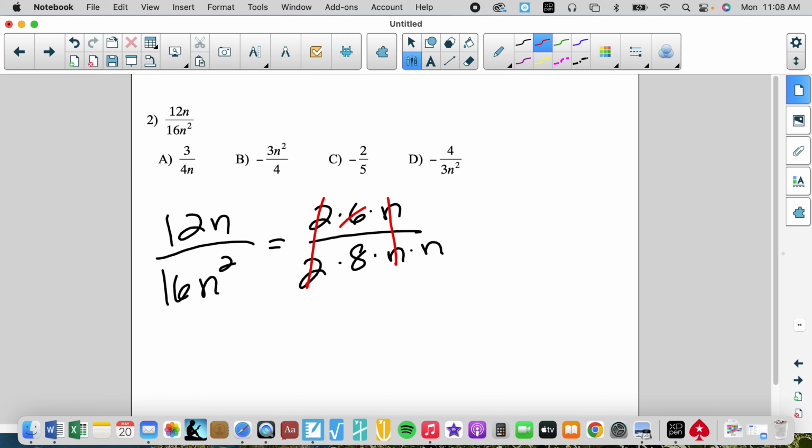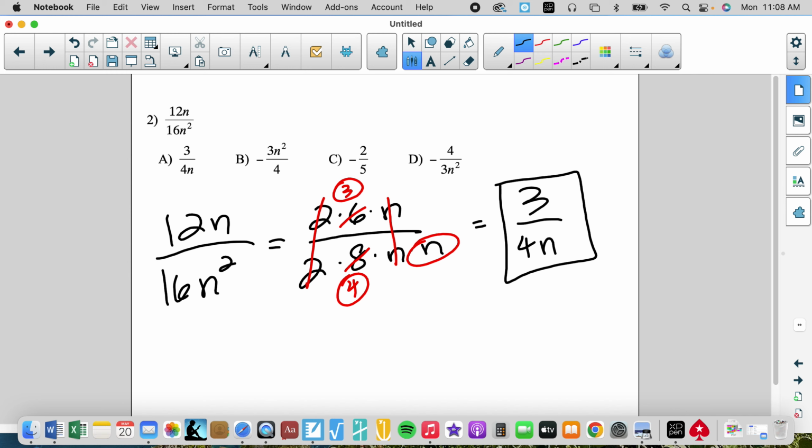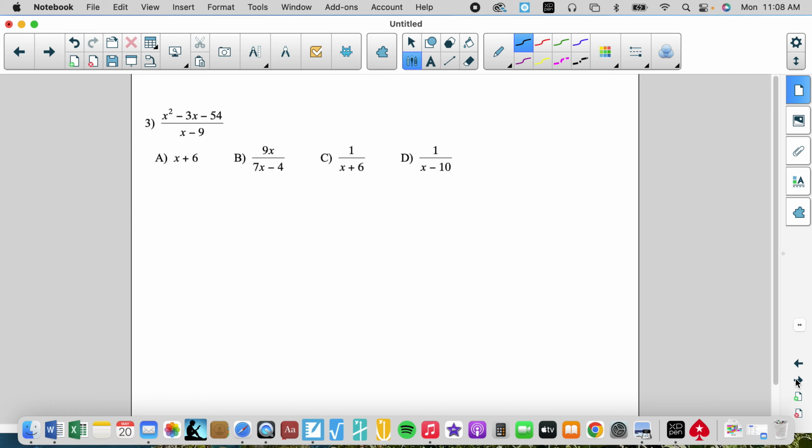I also see a 2 in there. So 2 goes into 6 3 times. 2 goes into 8 4 times. And I have that n still left. So I'm left with 3 in the numerator and 4n in the denominator. So where is that solution? That would be A again. So 3 over 4n.